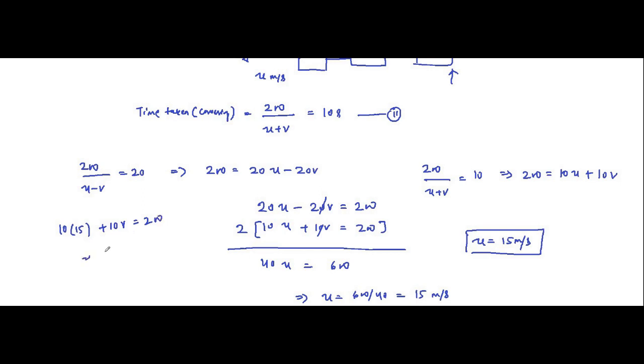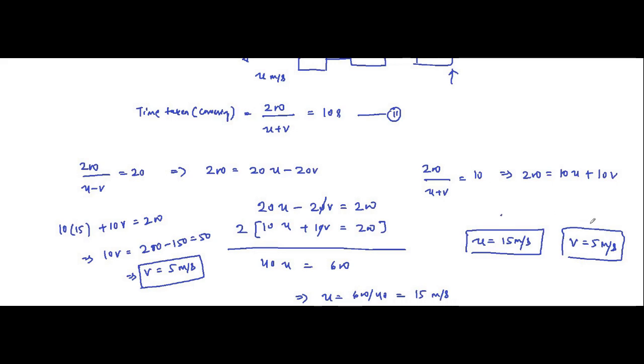That implies 10v is equal to 200 minus 150, which is equal to 50. That implies v is equal to 5 meters per second. So these are the two results that we wanted.